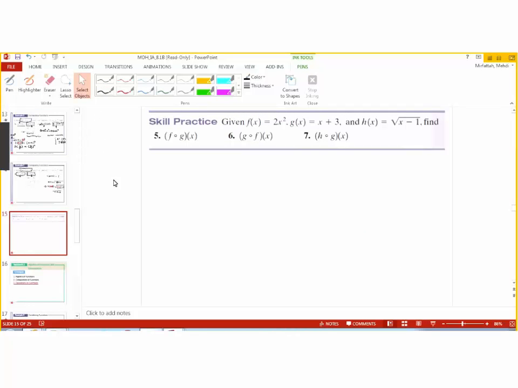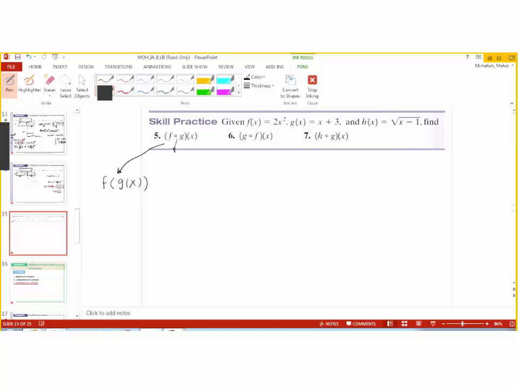Alright, I'm going to do one of these and I'm going to ask you to do one yourself. So, first one, we have this one. Composition of f with respect to g. So I'm going to replace it with f of g of x.